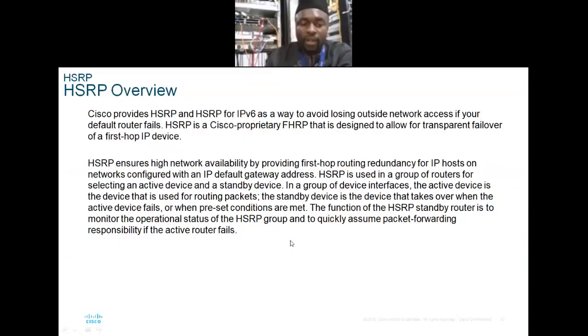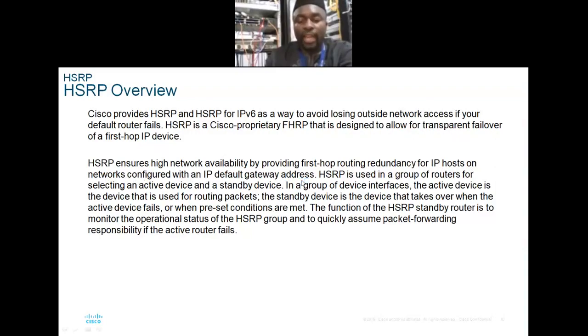Now, Cisco provides HSRP and HSRP for IP version 6 as a way to avoid losing outside network access if your default router fails. So HSRP is a Cisco proprietary FHRP that is designed to allow for transparent failover. So HSRP ensures high network availability by providing first hop redundancy for IP hosts on networks configured with an IP default gateway address.